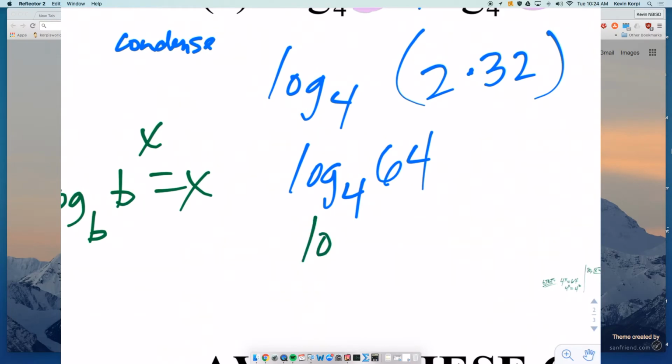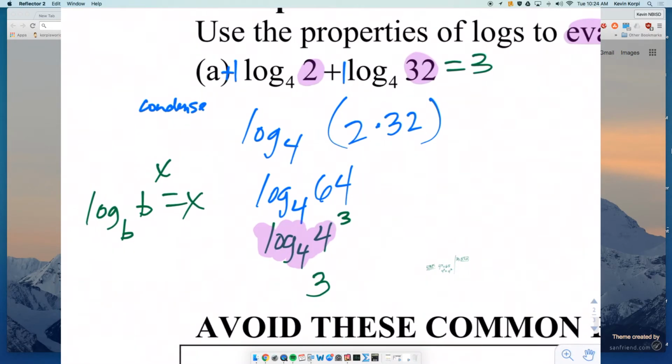So if you didn't want to set it equal to x, you could just say that's log base 4 of 4 cubed. And what is log base 4 of 4 to the third? It's just 3. And that reinforces the inverse property of logs and exponentiation. Start with 3, exponentiate at base 4, turn around, log at base 4, you're right back where you started. And so that would keep it as an expression and never turn it into an equation.